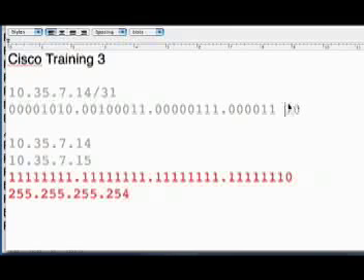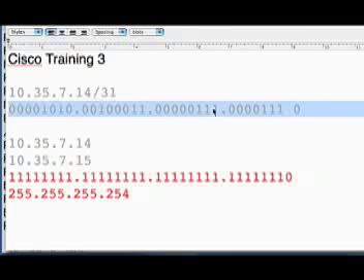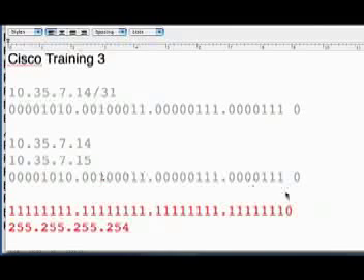So here's all the network portion, and then the host portion is a 0 for the .14, or the same thing copy-pasted with a 1 at the end for the .15. Now the problem is you can't have a host portion that's all zeros. Here we only have one bit, but in a sense, every bit is 0. You also can't have a host portion that's all ones. So what that means is a /31, even though it has two possible IP addresses inside it, neither of those is usable by hosts. So a /31 is pretty useless in the networking world.